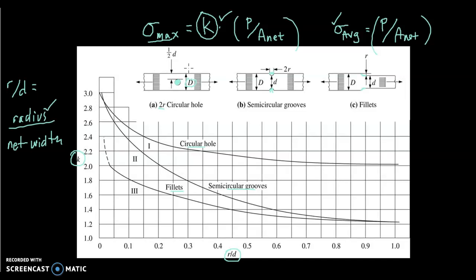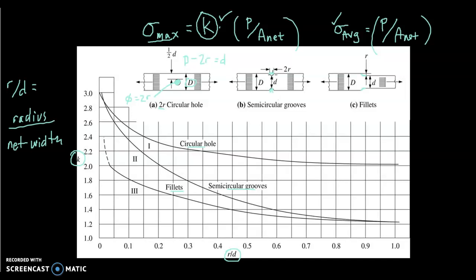And then the net width is going to be the width minus D. Or rather, I should say the original width D minus 2R, because that is the diameter of the hole. So the hole diameter equals 2R. So in this case, the net width, little d, is going to be equal to the big D minus 2R.